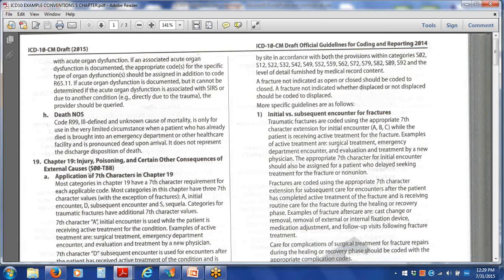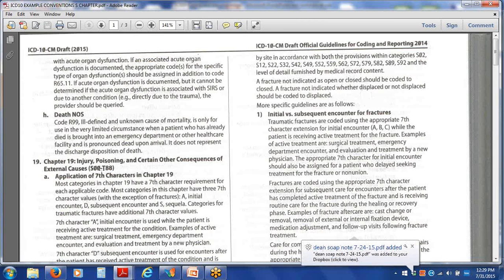It gives you the 3-digit initial code that these coding guidelines pertain to, which, as I explained last week, is the family name of codes. The S codes are for fractures, sprains, and strains that are a result of some type of injury.